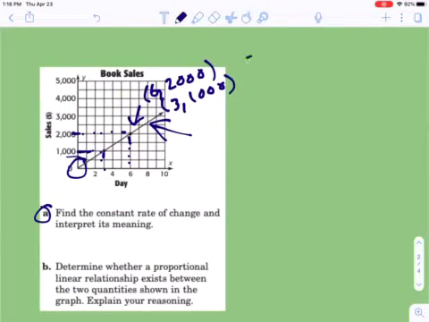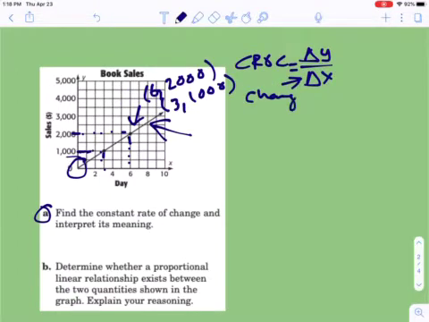For your constant rate of change, it's always going to be how much your y changes over how much your x changes. That delta is just a symbol for change. From left to right, from this one to this one, the y goes up 1000. You can tell it goes up because your line goes up from left to right. And then your x goes up from 3 to 6, so it goes up 3.